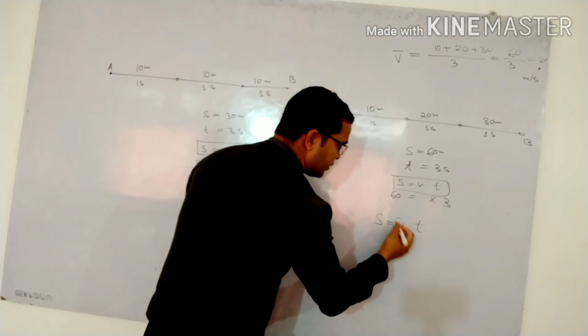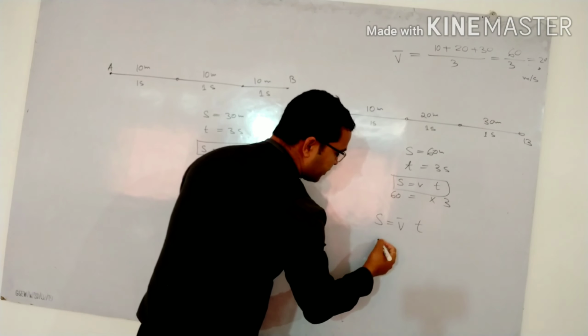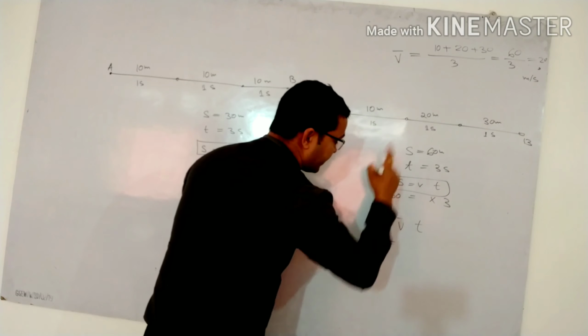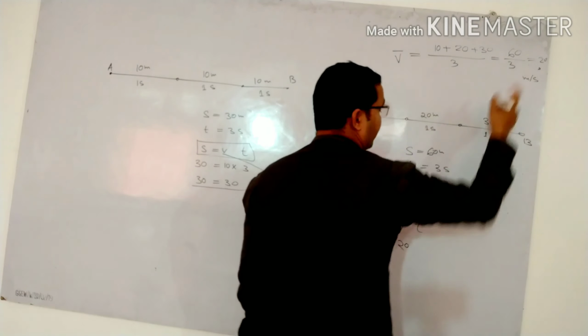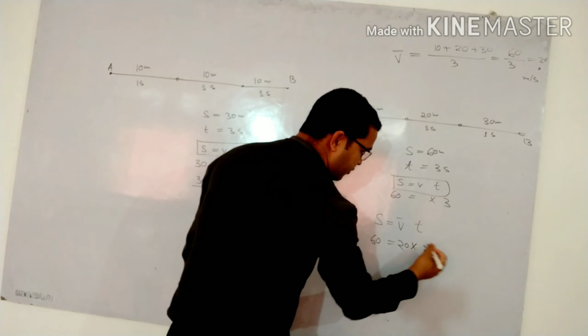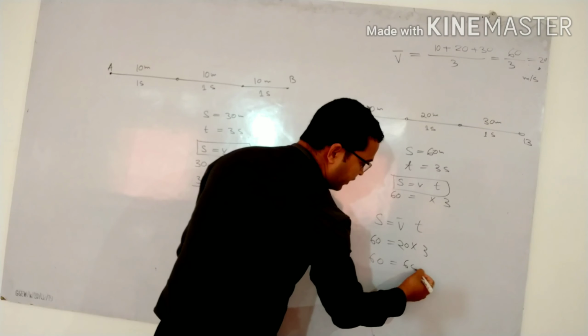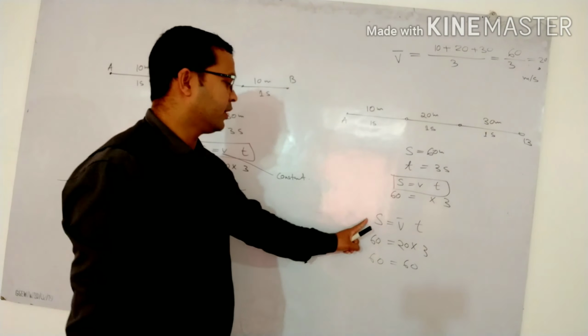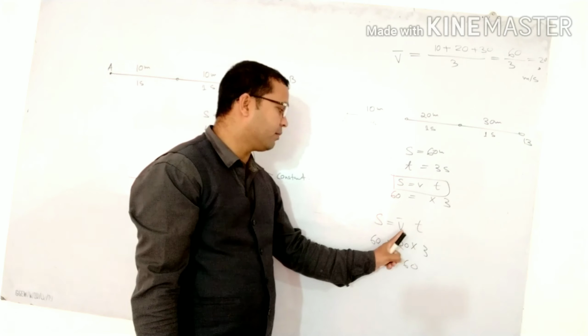So v bar means average velocity. So s is equal to v bar t. In place of s I can write 60 for this example, and v bar I can write 20, already calculated, 20 meter per second, and t is equal to 3. So now the right hand side value is equal to the left hand side value. Then the formula is valid, because here s is equal to v bar t, where v bar means average velocity.